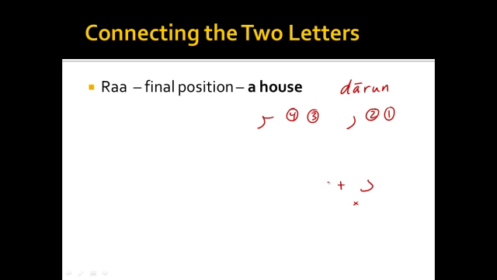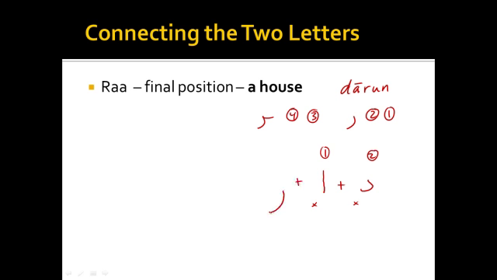But if a letter precedes it that doesn't connect to what comes after it, then we have to write the alif like this. So that's why we have to write the alif in the independent position. Okay, and this is in the initial position. And here, remember, the alif doesn't connect to what comes after it. So we're going to write the ra.